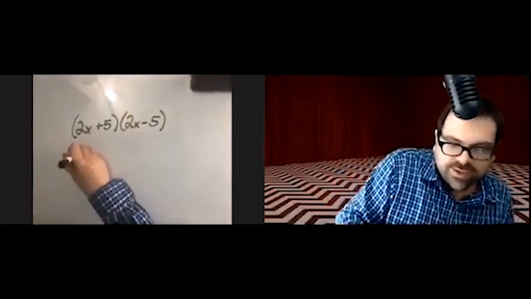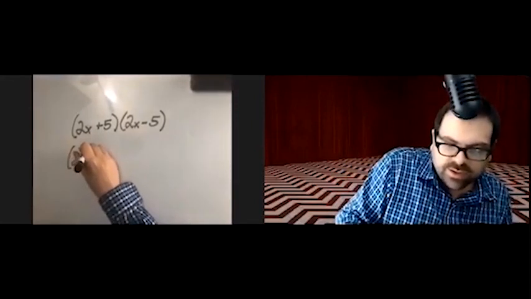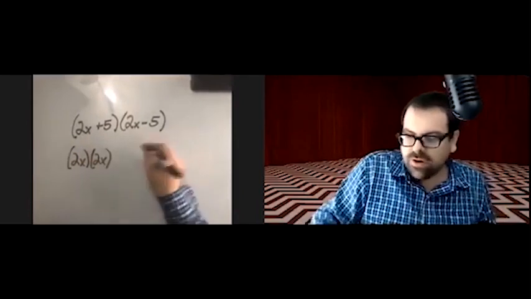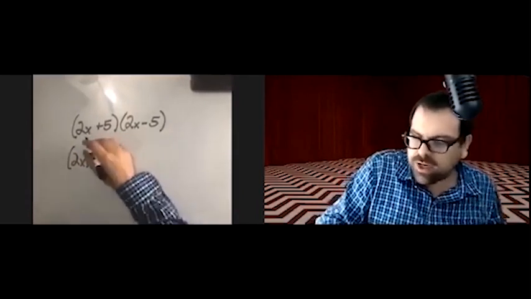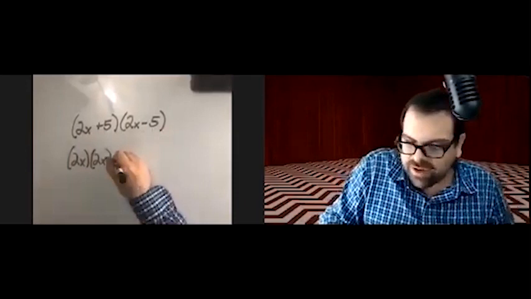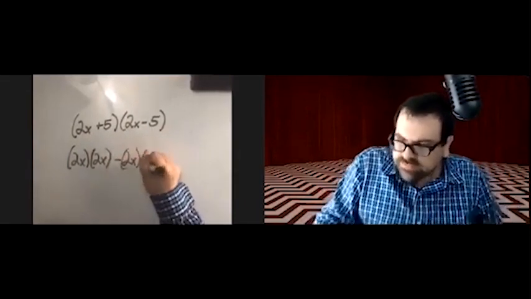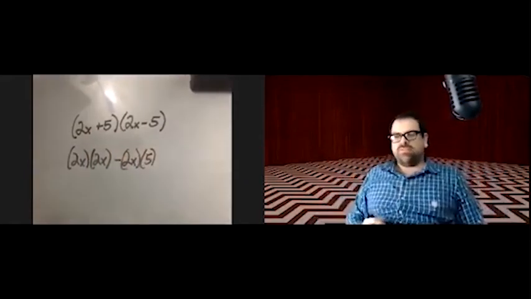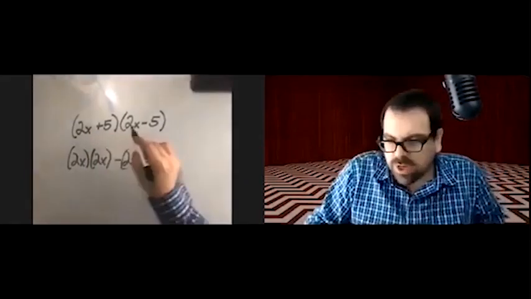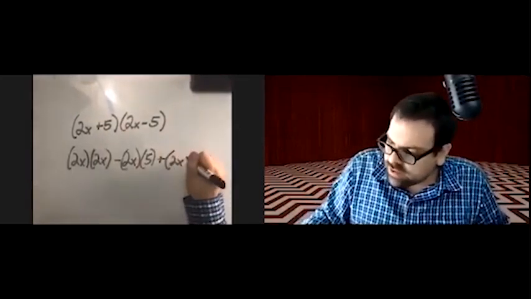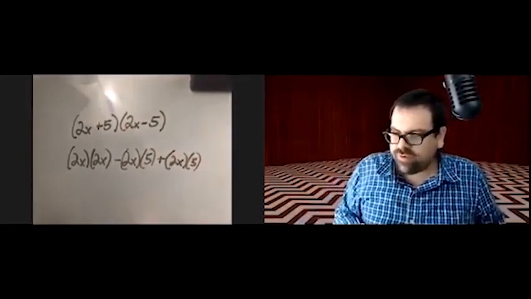2x times 2x is 4x squared. Outer would be positive 2x times negative 5, that's negative 2x times 5. Inner, positive times positive is positive, again 2x times 5.